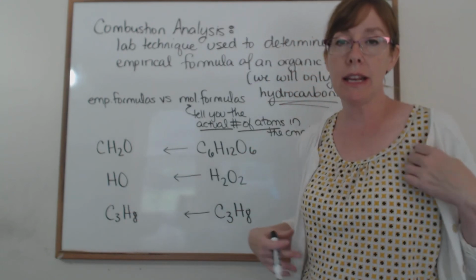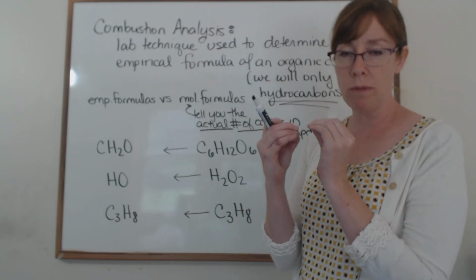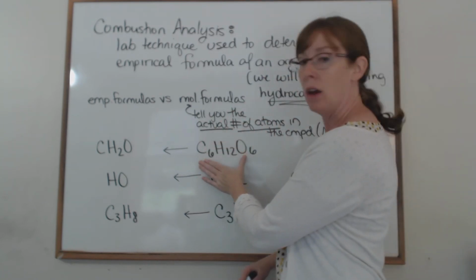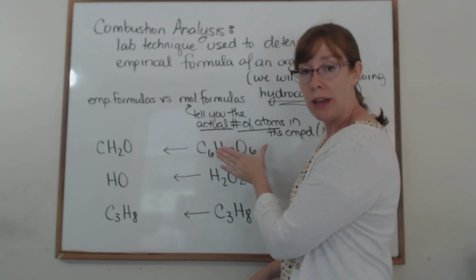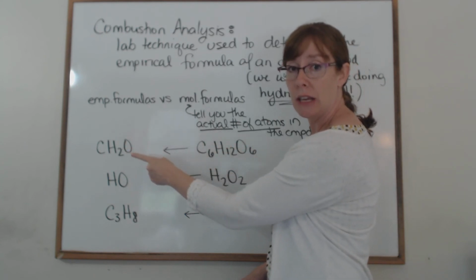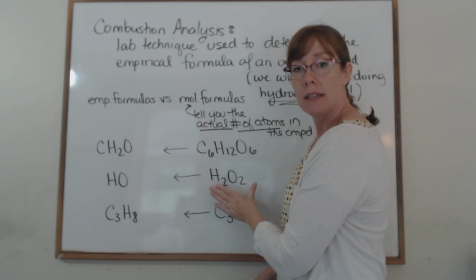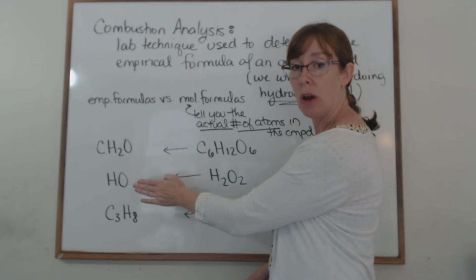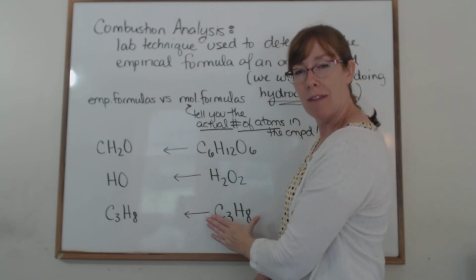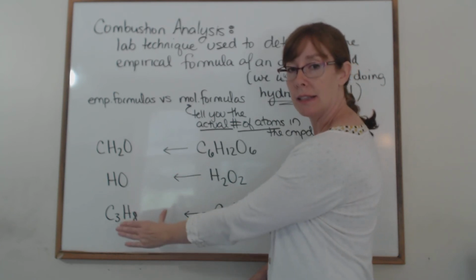And hopefully you see that it's essentially the reduced form of the formula. So for instance, with glucose, since these numbers are all divisible by 6, you go ahead and divide them all by 6 and you're going to get CH2O. Since these numbers are all divisible by 2, you divide them all by 2 and you get HO. And since this one doesn't really have a greatest common multiple, it stays the same.